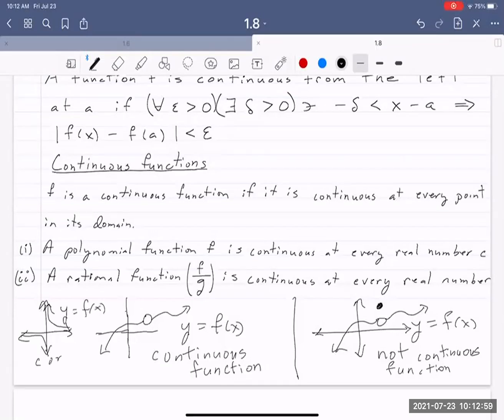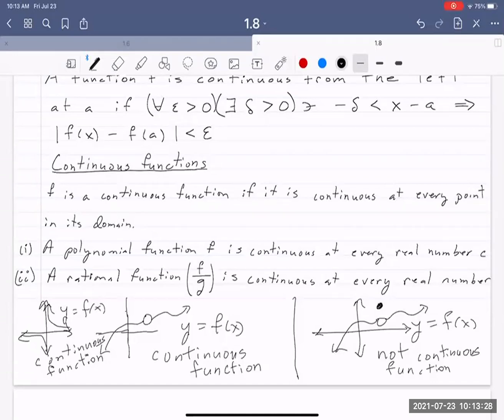So here's another continuous function, again because it is continuous everywhere it is defined. The intuition I gave you before still works, but it doesn't work when I say continuous function.